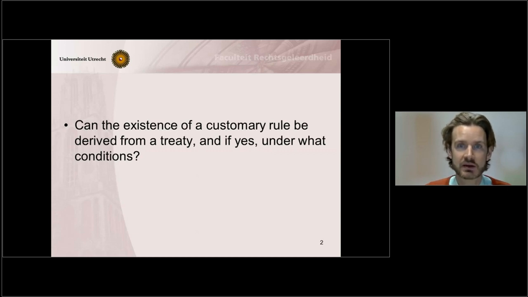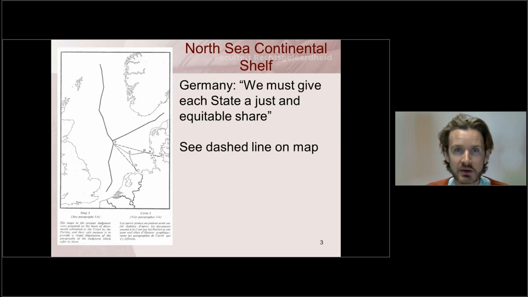So let's now look at the case. The case was about the delimitation of the continental shelf in the North Sea, and it was a case between Denmark and the Netherlands on the one hand and Germany on the other hand, and they each proposed different ways to delimit the continental shelf between the states. On the map in the PowerPoint you see different suggestions.